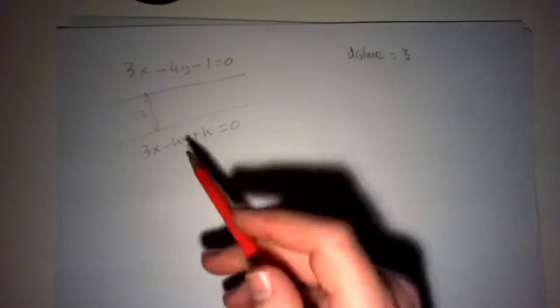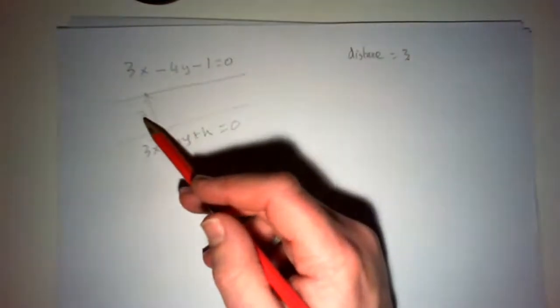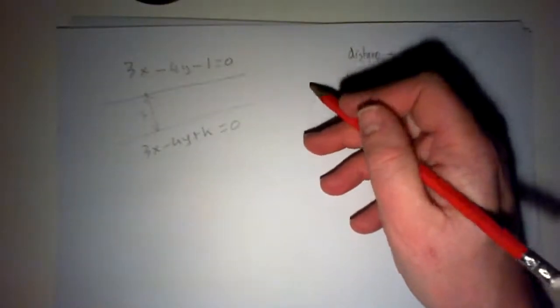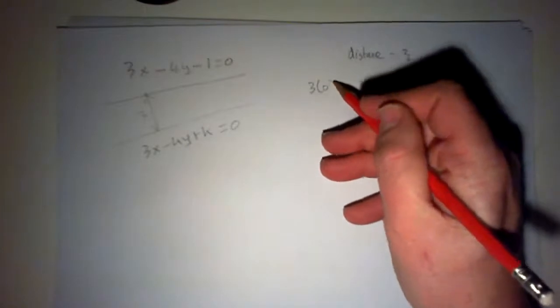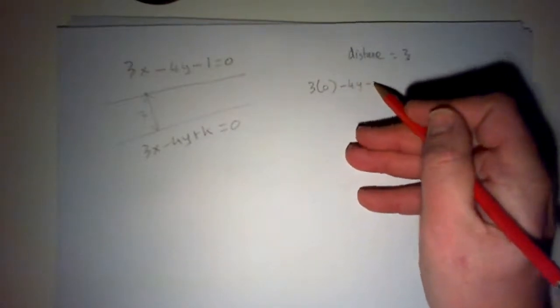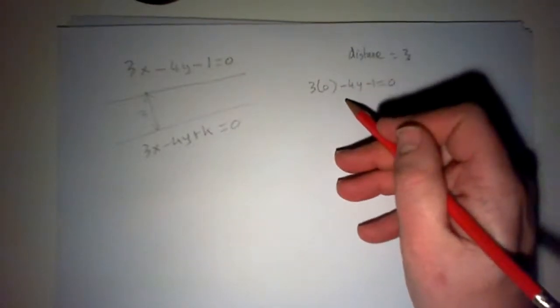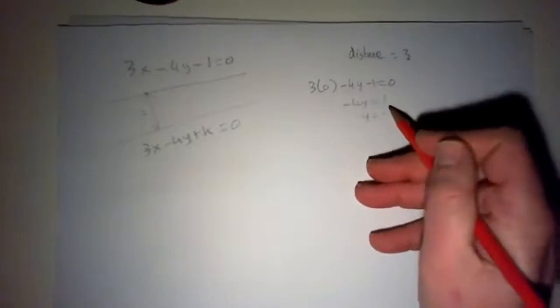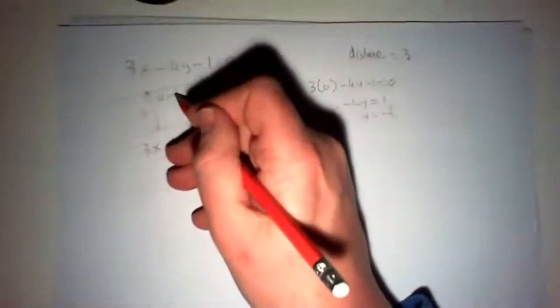Okay, so in order to find a point on this line, we'll do our usual. I will let x equal to 0 and solve for y. Minus 4y is equal to 1, y is equal to minus a quarter. So a point on that line is for sure 0 and minus a quarter.